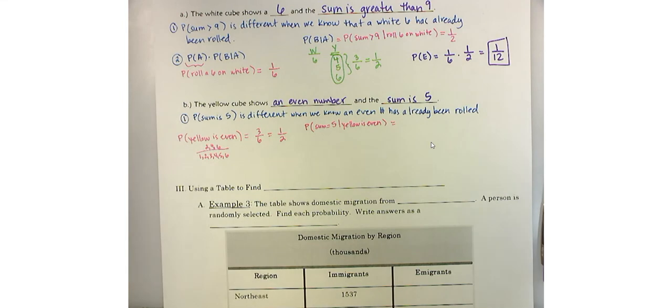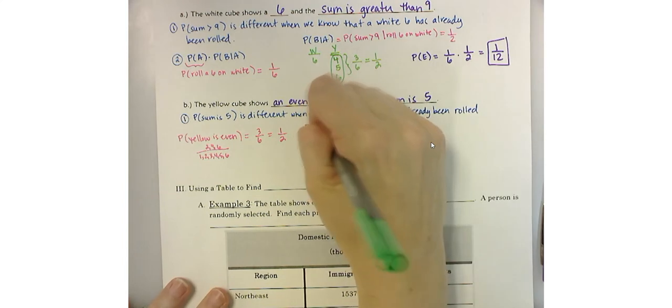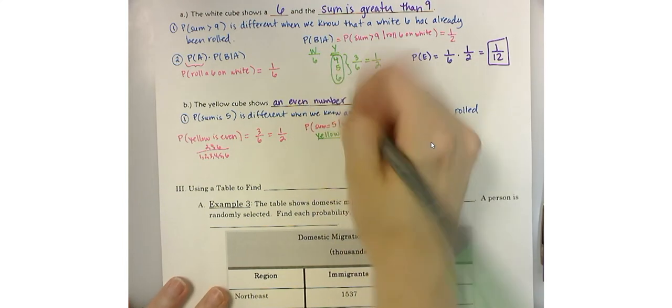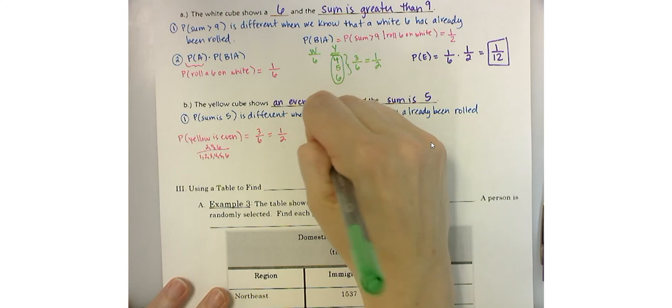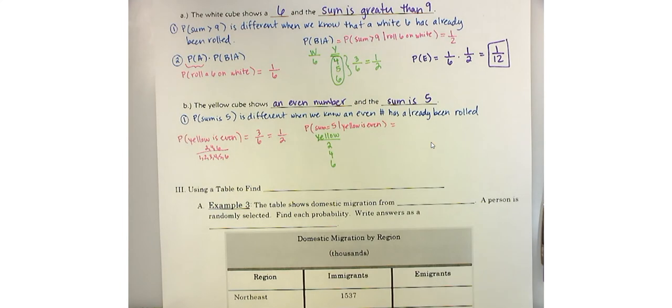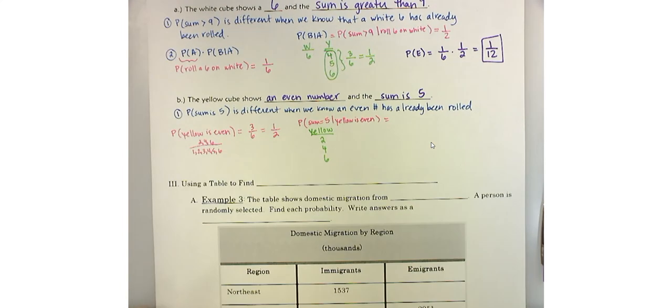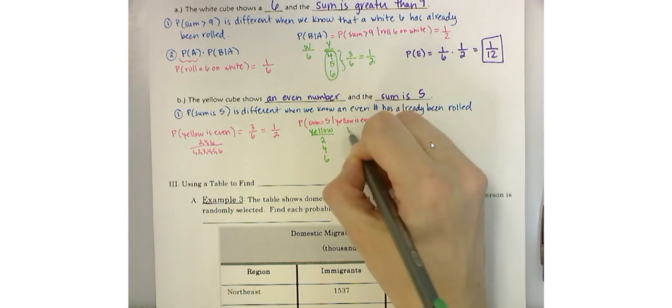So if the yellow is 2, what's the possibility for the white cube? 3. Okay. If it is 4, then the possibility is 1. What if it's 6? -1.